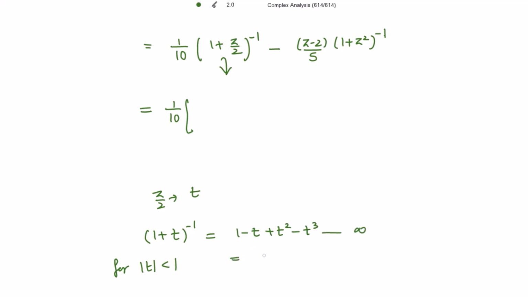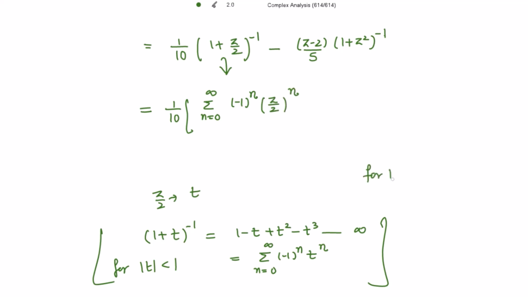And in the summation format, we can write this as the summation of minus 1 to the power n t to the power n, with n starting from 0 to infinity. So making use of this expansion, we can write here the summation n going from 0 to infinity minus 1 to the power n, where t is z by 2, so z by 2 to the power n, for mod of z by 2 less than 1.